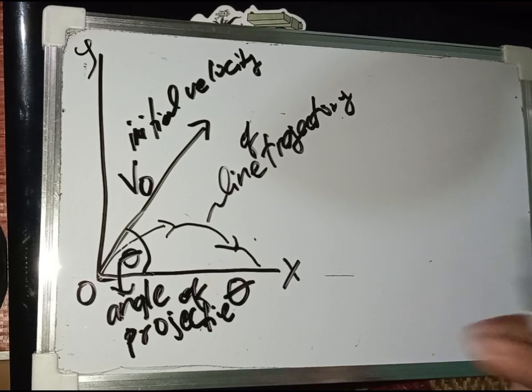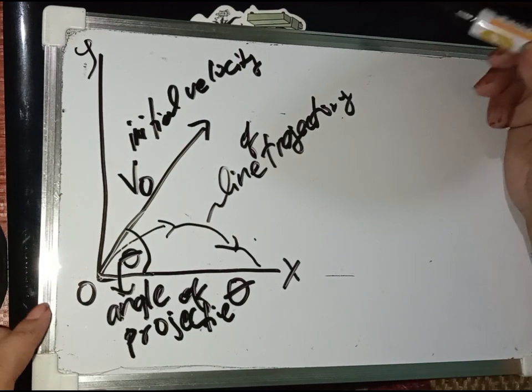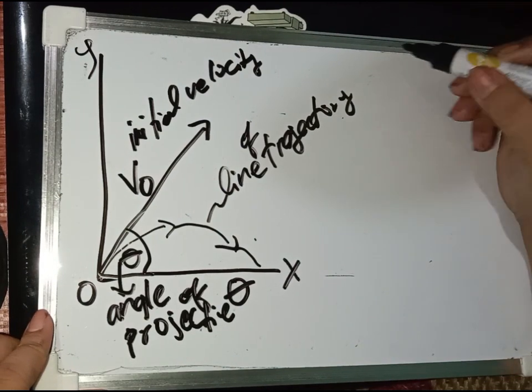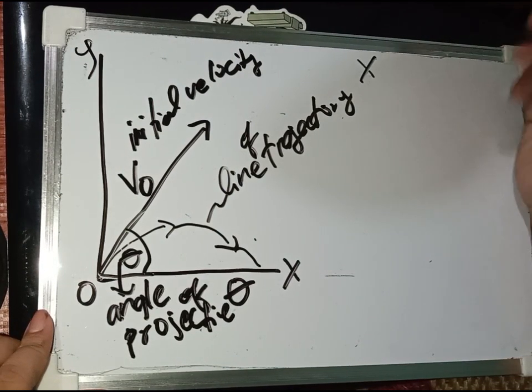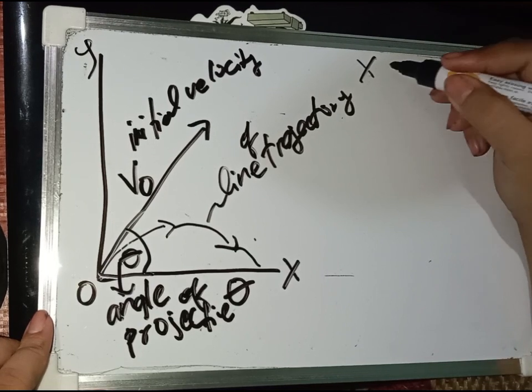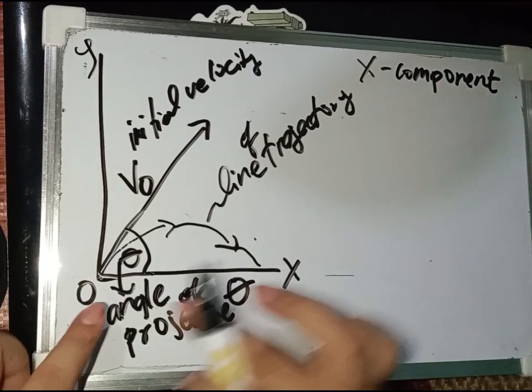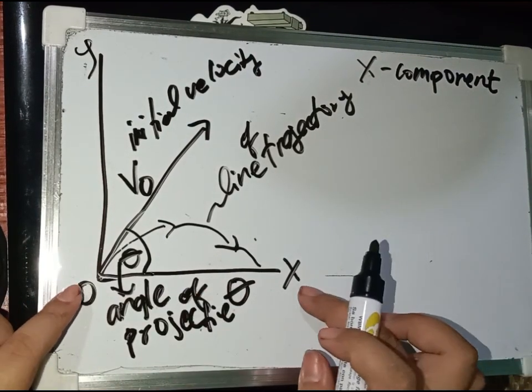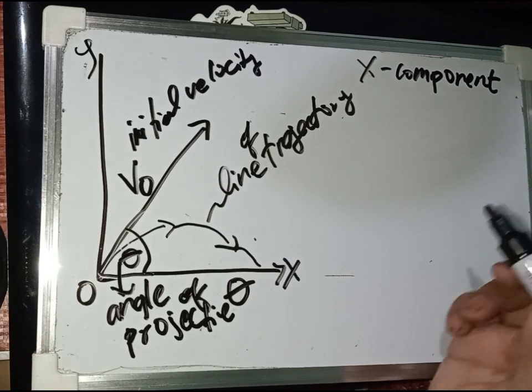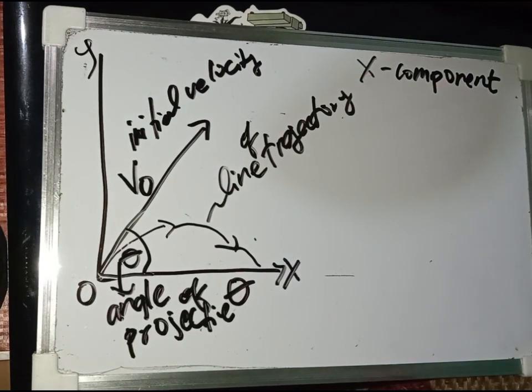Meaning to say, we will be deriving equations from this x and y component. On that note, I'll be having first the x component, the one that represents the horizontal line here, the horizontal vector. For the x component and the y component as well, we will be deriving six equations, three equations each.